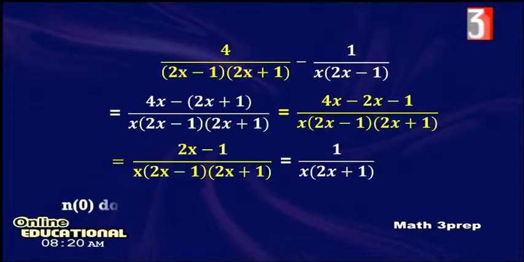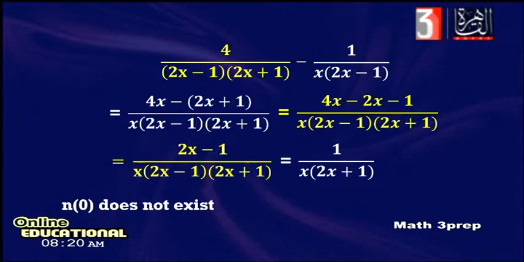Let us have another example. What about n of 0? n of 0 doesn't exist. Why? Because 0 is one of the excluded values in the domain. As we have said before, the domain equals R minus 0, half and negative half. So 0 is excluded. So what about n of 0?